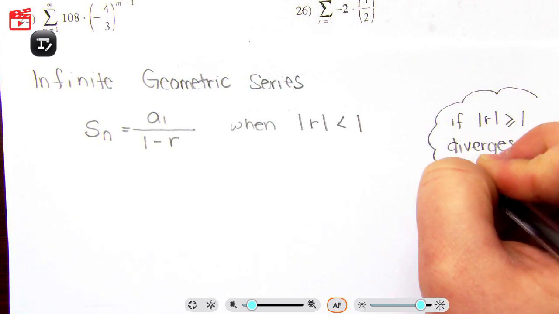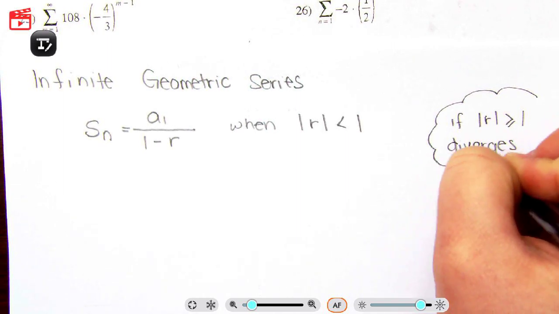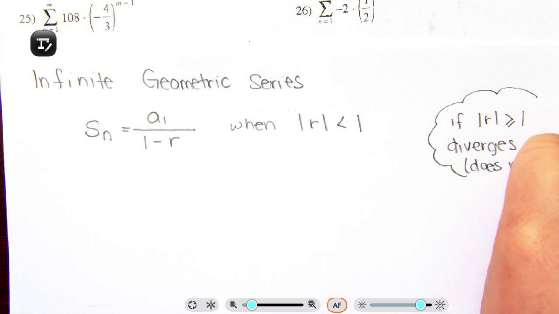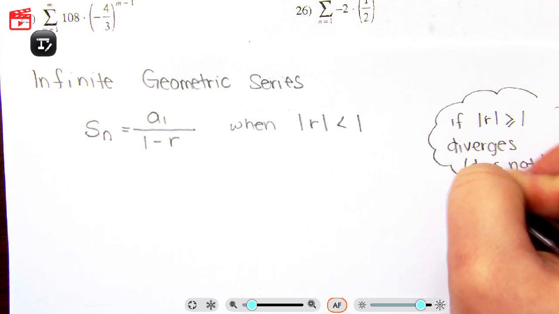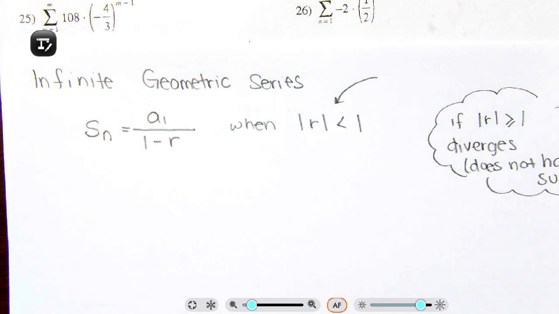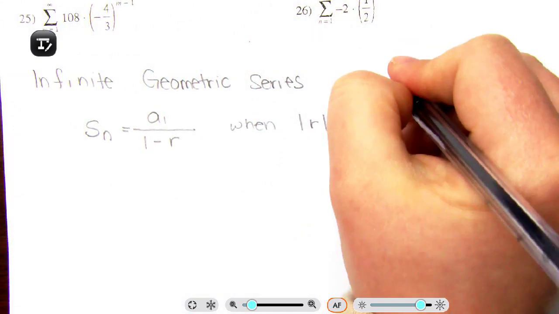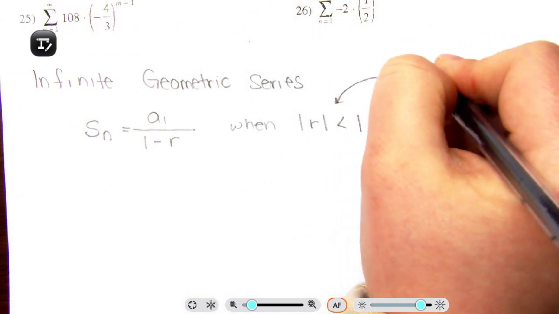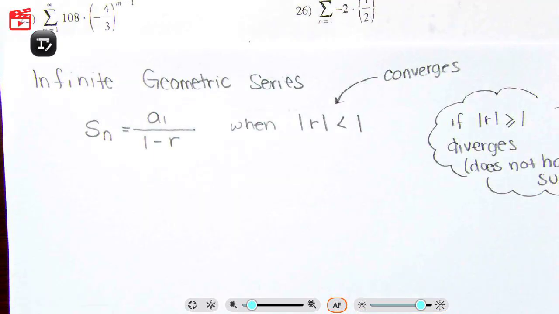So diverges means does not have a sum. So if the absolute value of our common ratio is less than 1, then it converges. It does have a sum and we can find it.